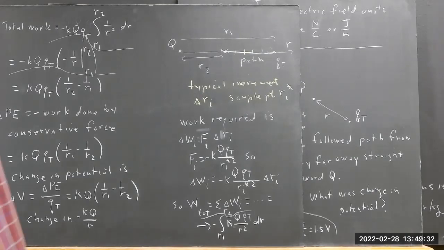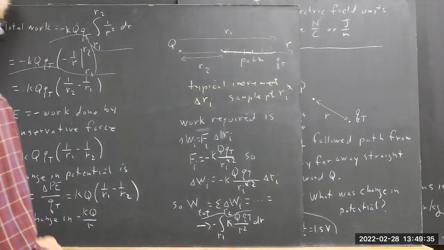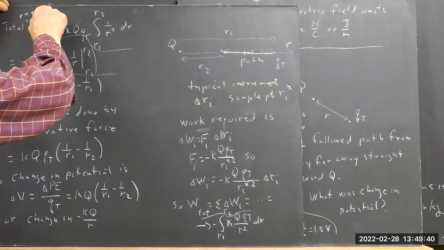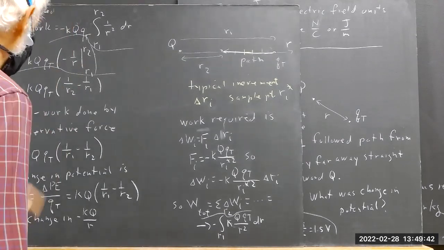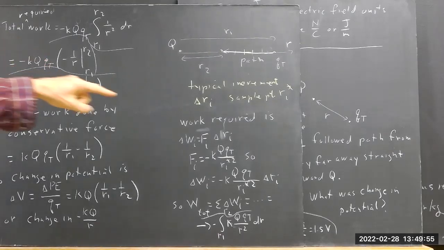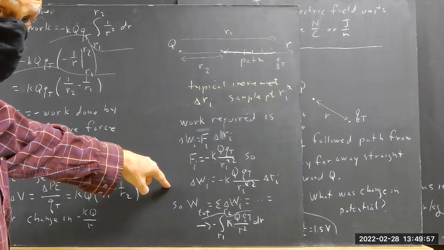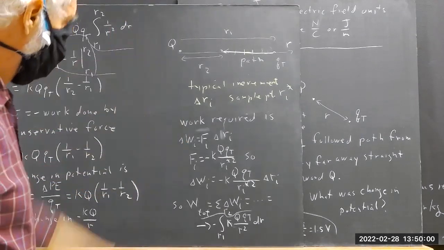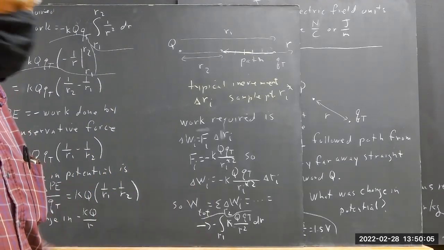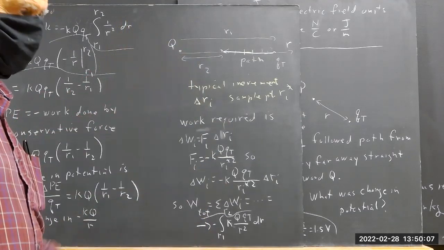I'm not being very careful about my terminology. This is a total work. This is not the total work done by the conservative force. This is equal and opposite to the work done by the conservative force. So I really should have started this out with the secure definition, which I usually would do. And I just kind of did that and lost track of where I was.